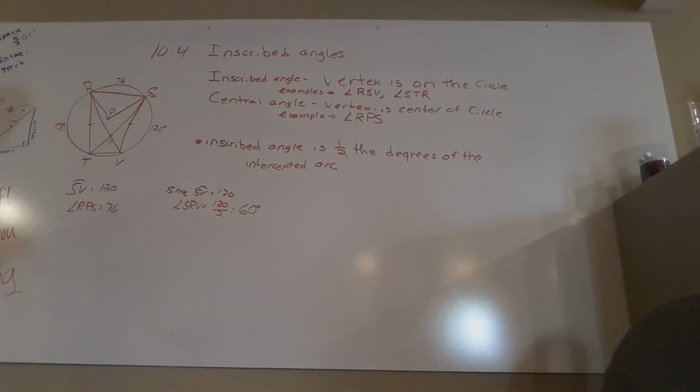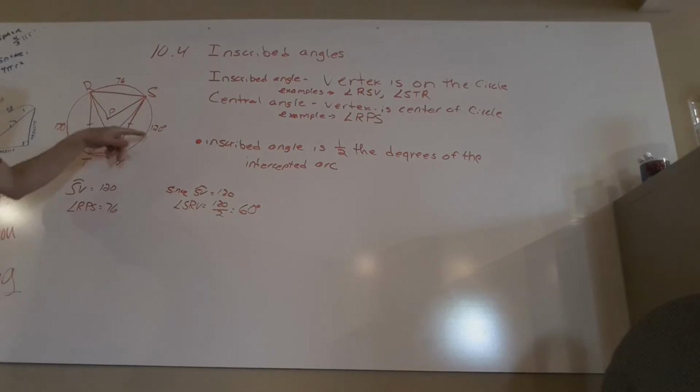All right, the only portion we do not know is what arc TV is, but we can calculate it very simply. Just add these three parts together. The only thing we don't have is TV. Add them together and subtract that from 360, and that'll give us the measure of TV.